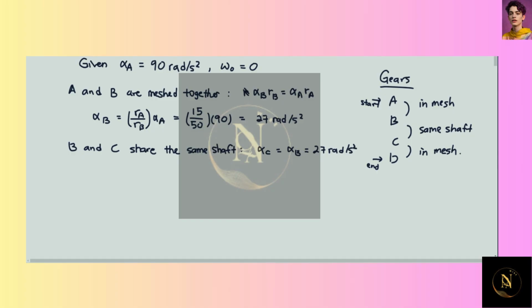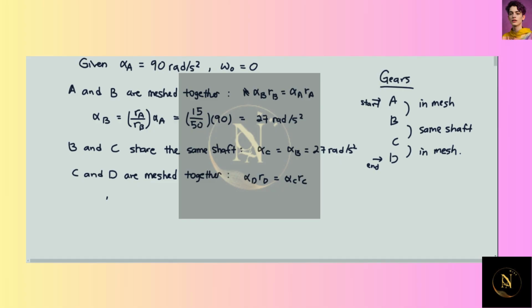And then C and D are meshed together. So we have alpha D RD equals alpha C RC.